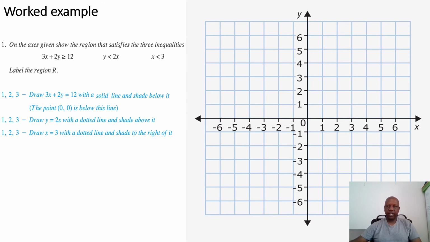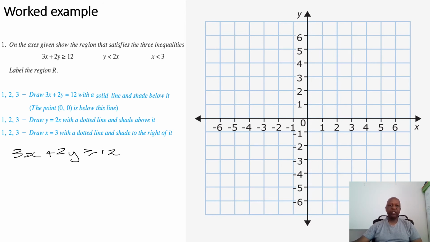Right, so let's take graph number 1. 3x plus 2y is greater or equals to 12. Now let's do some calculations there first. If I set x to be equals to 0, I'm using the dual intercept method to find my gradient.